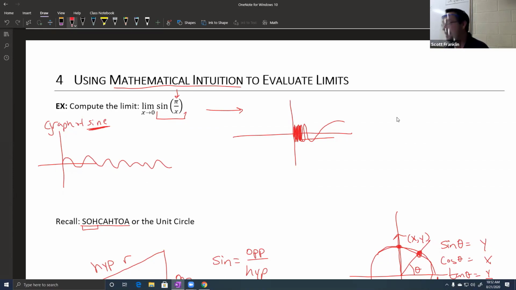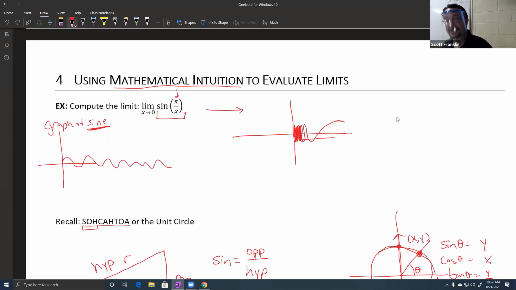Is it getting close to anything? Well, the x is getting close to 0, but what about the height? Stays the same. It changes. Yeah, it's changing. So what are you thinking it stays the same as?